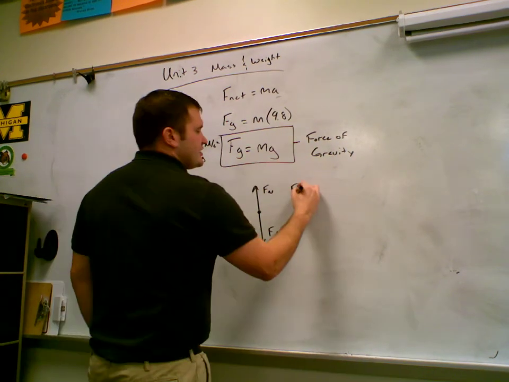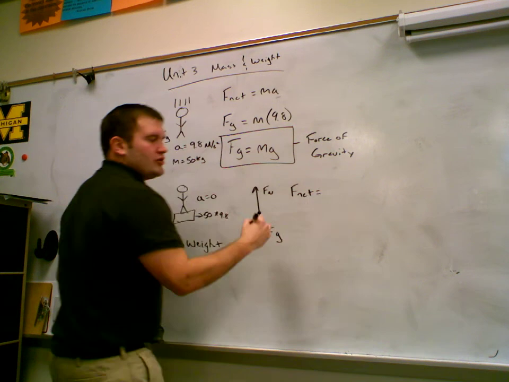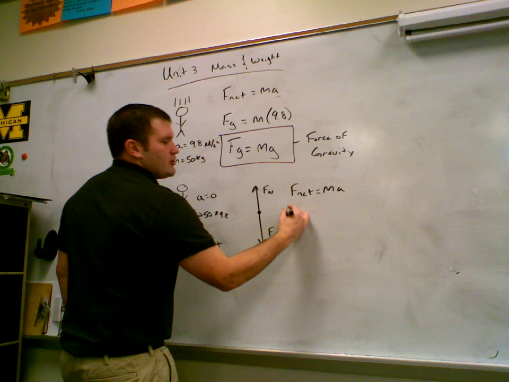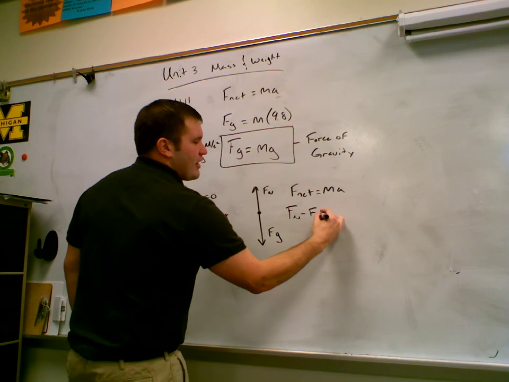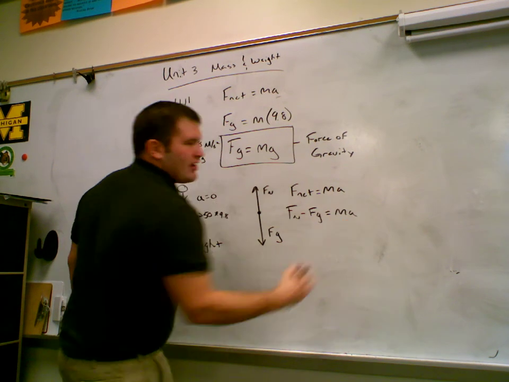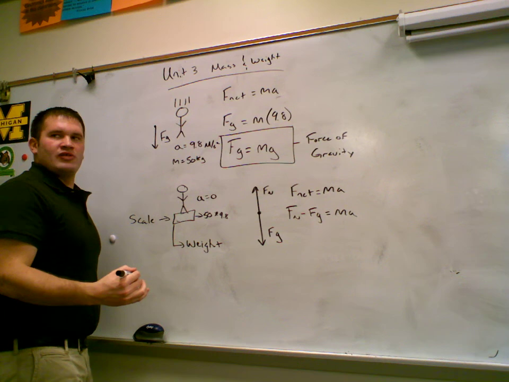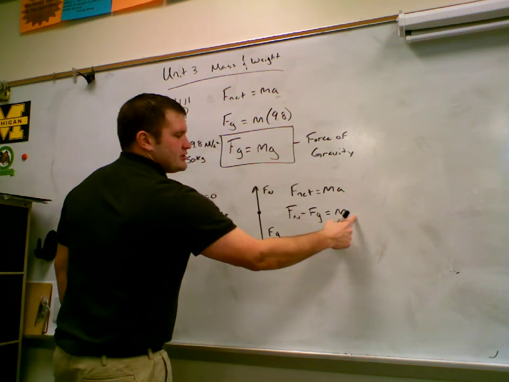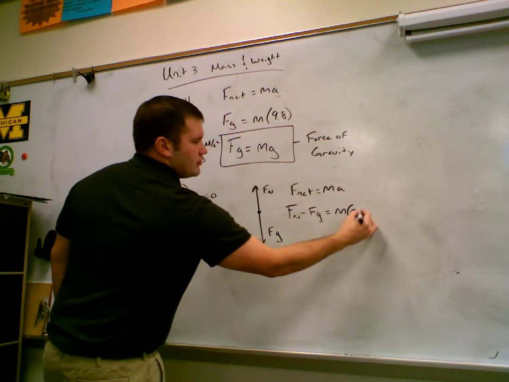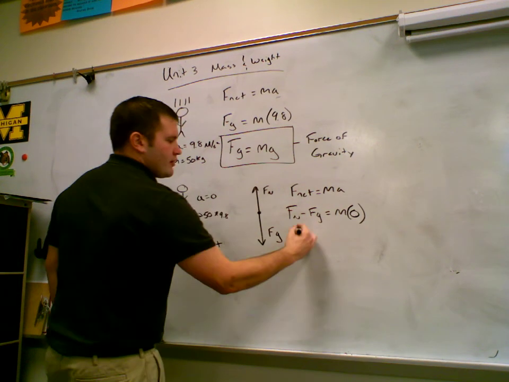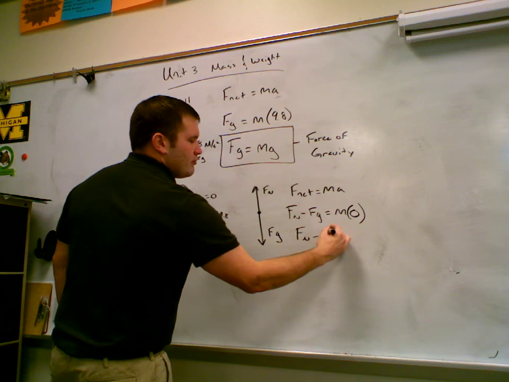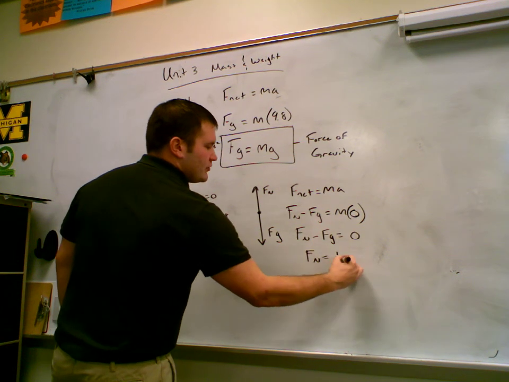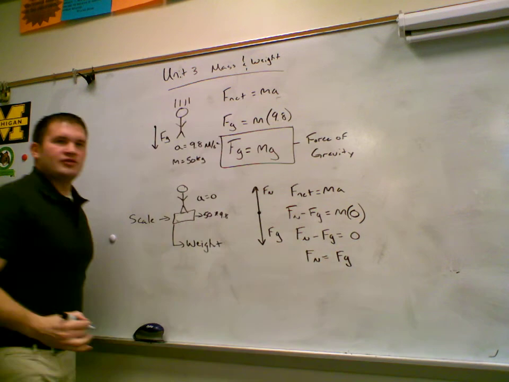So if I go with Newton's second law, F net equals ma. We know the net force is really normal minus gravity equals ma. So then my a is 0. Force normal minus force gravity equals 0. Force normal equals force gravity.